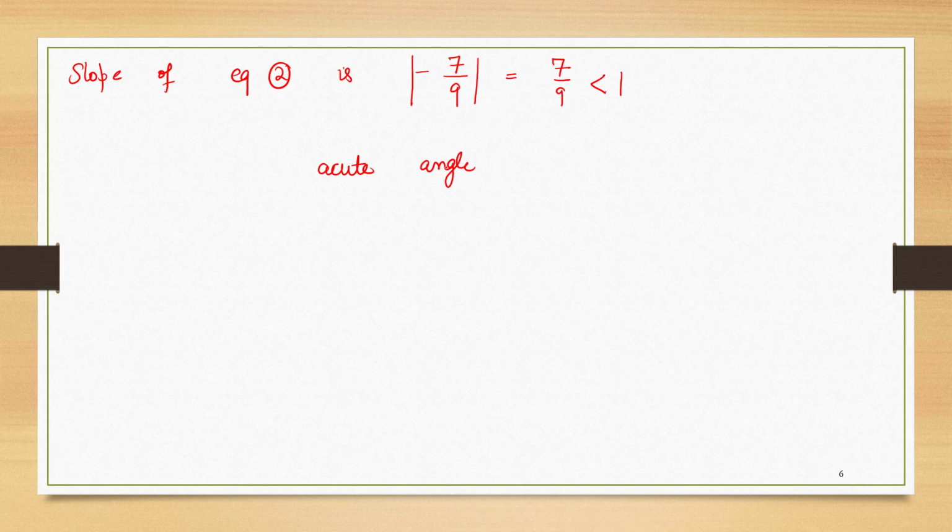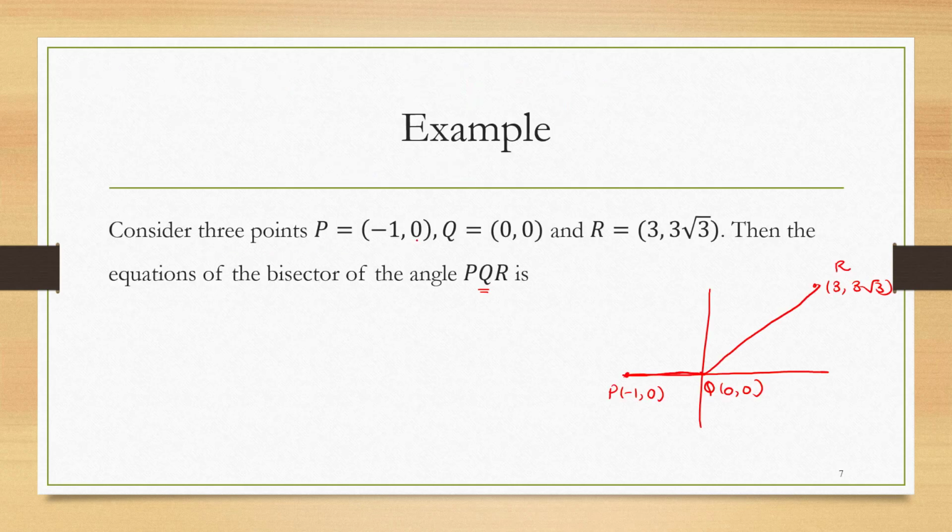So consider the 3 points P(minus 1, 0), Q(0, 0) and R(3, 3 square root 3). Then the equation of bisector of the angle PQR is. Since Q is in the middle, we will take Q and we will have the equation of bisector from PQ and QR. So let's find the equation of line PQ.